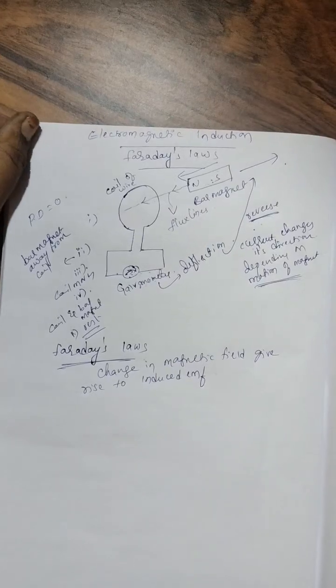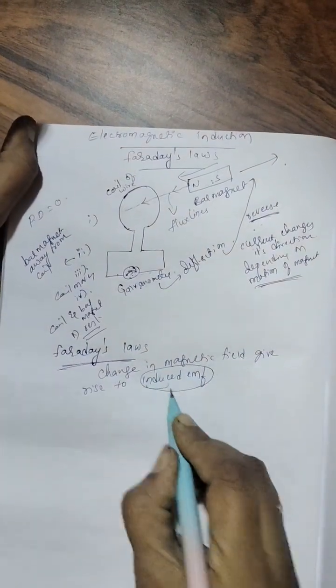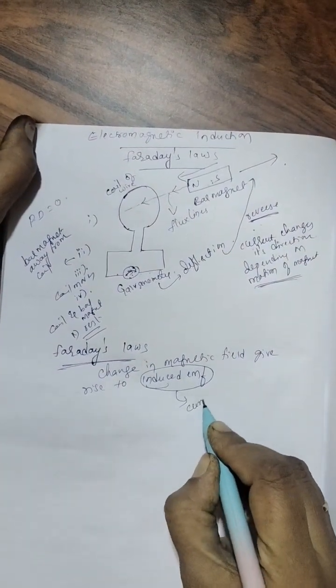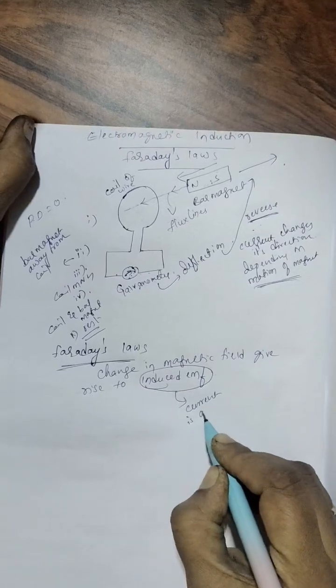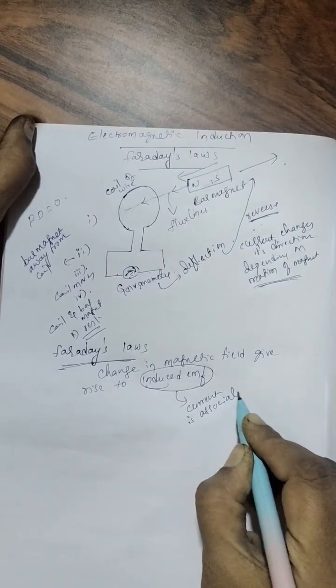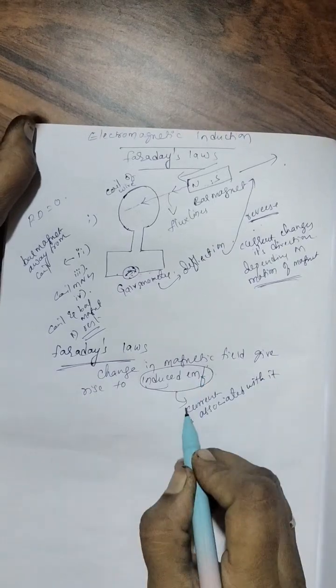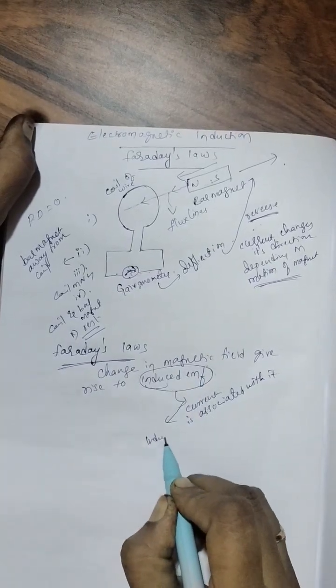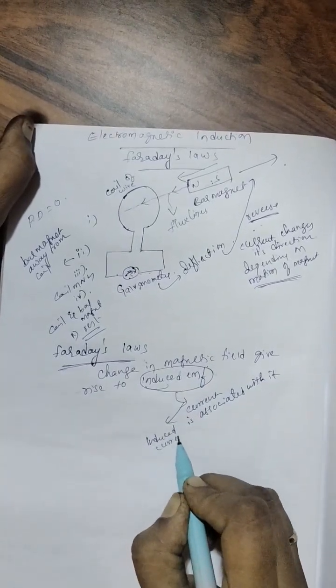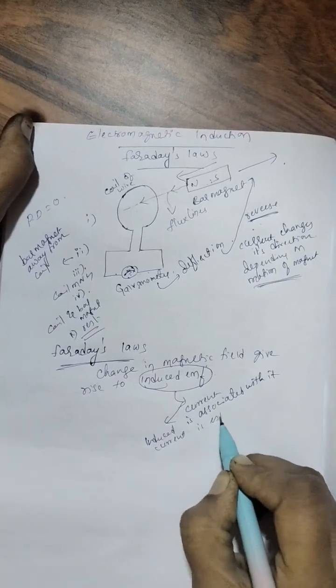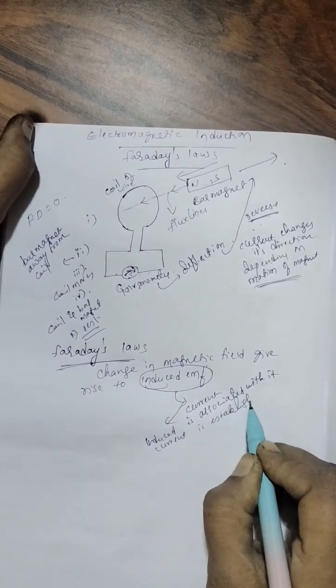electromotive force. Induced EMF itself means a current is associated with it. So when we talk about induced EMF, it means induced current is established in the coil.